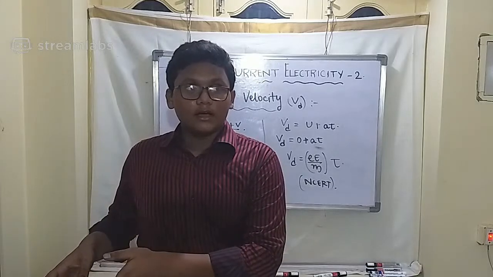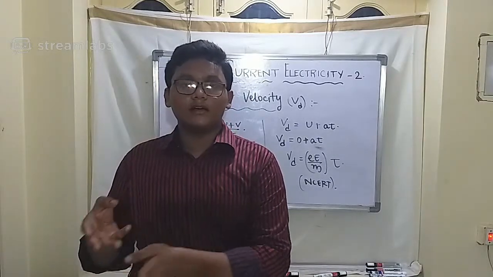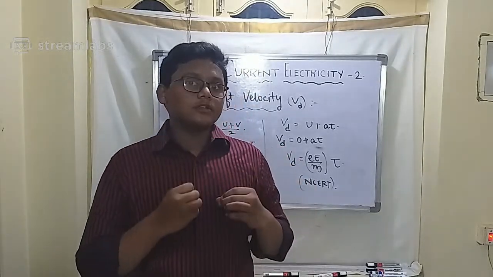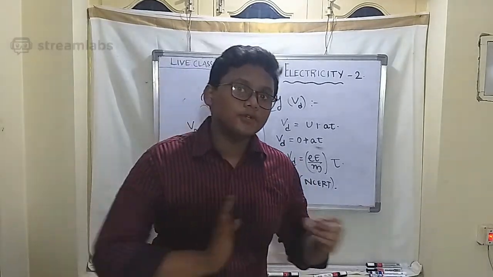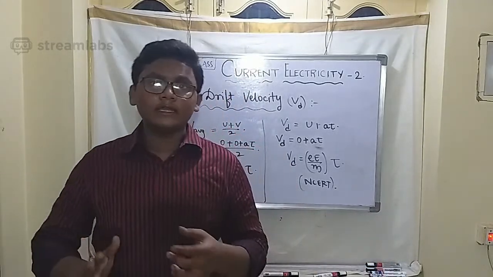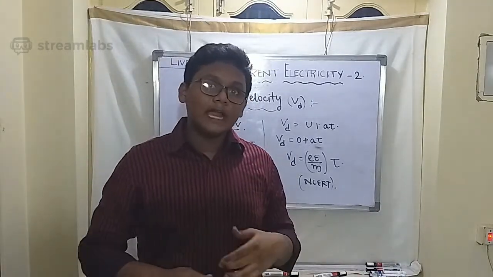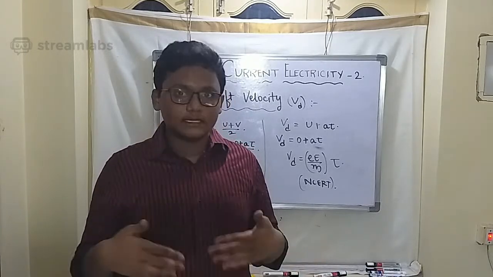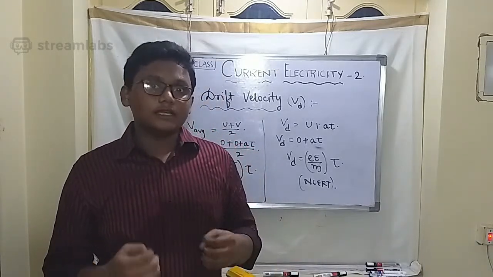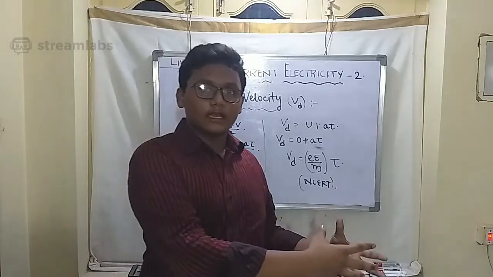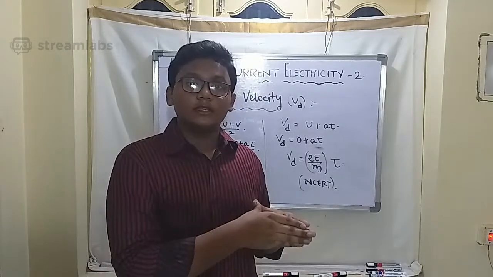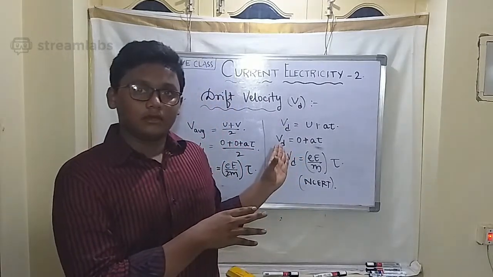When the current is applied, the electrons get pushed and collide. Even though they collide, the energy is applied, and a force is exerted, and that force leads to the velocity of the electrons, and that velocity is the drift velocity.